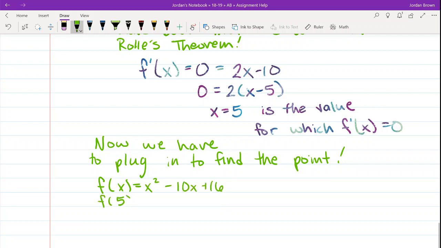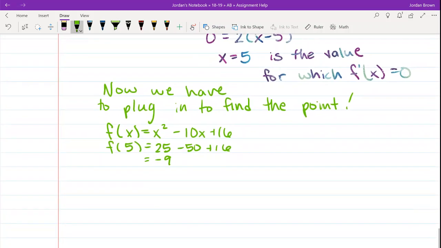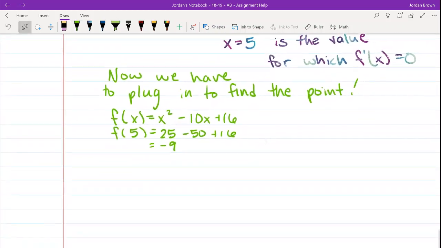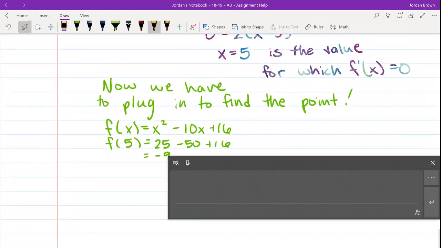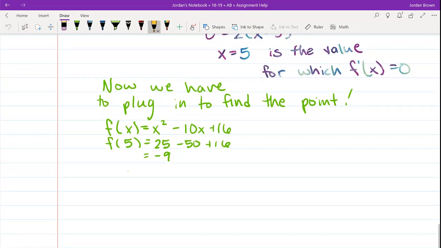We're going to plug in 5. So 25 minus 50 plus 16. So negative 25 plus 16 is a negative 9. Right? So our final answer is 5, negative 9.